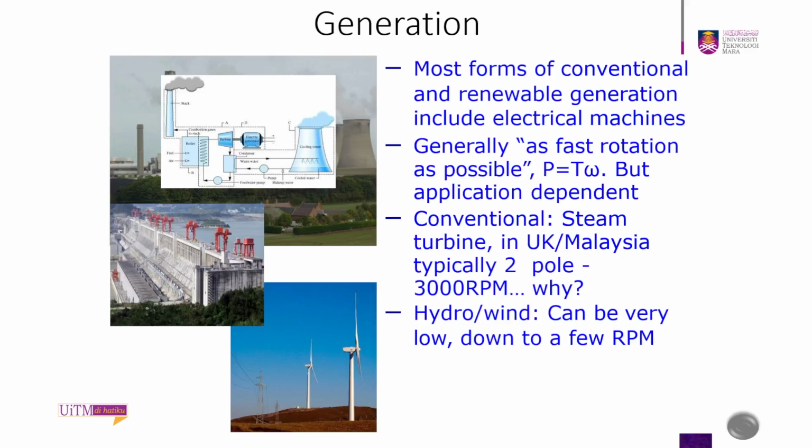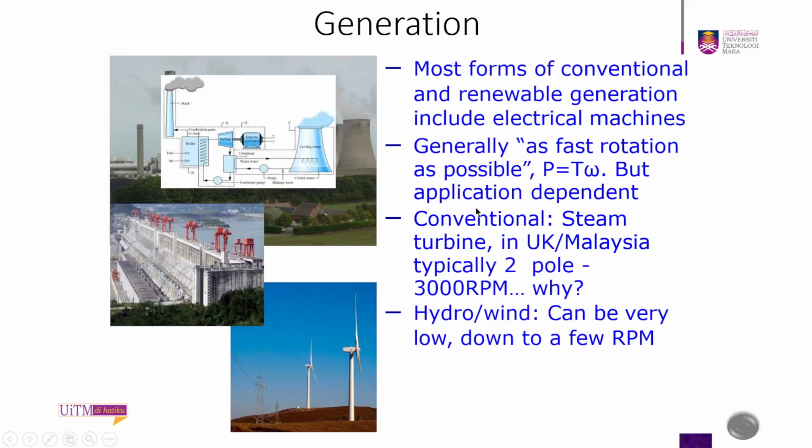Conventionally, in the UK and Malaysia, we have the steam turbine. In the coal plant, we use coal to produce steam. For a steam turbine, for a typical two pole machine, we have 3000 rpm. Why?